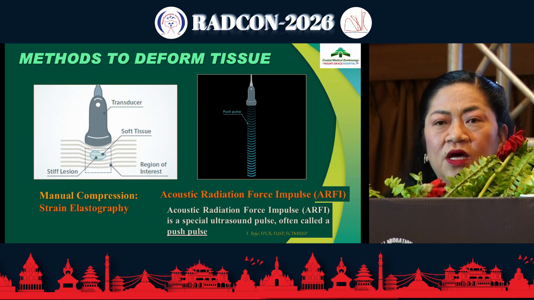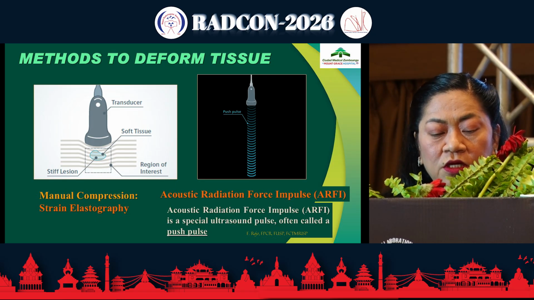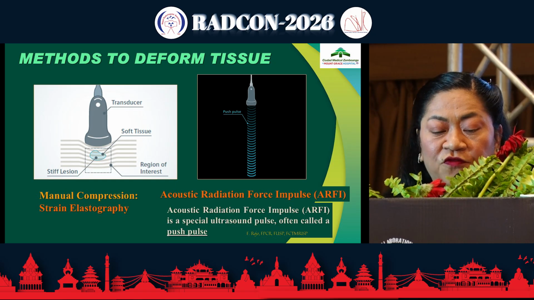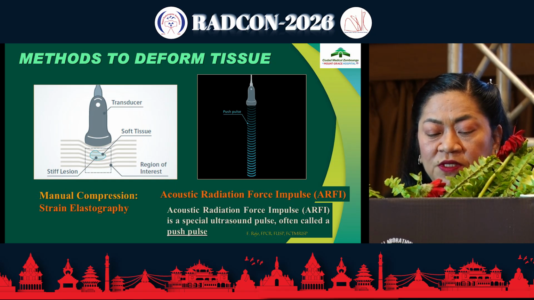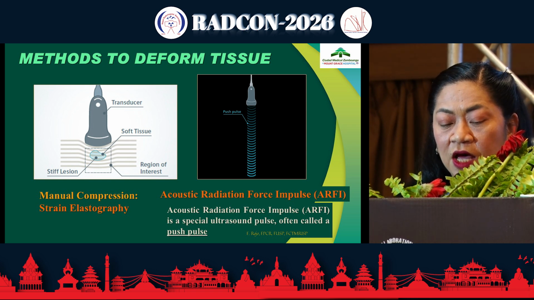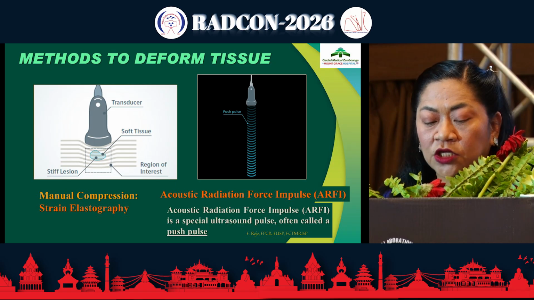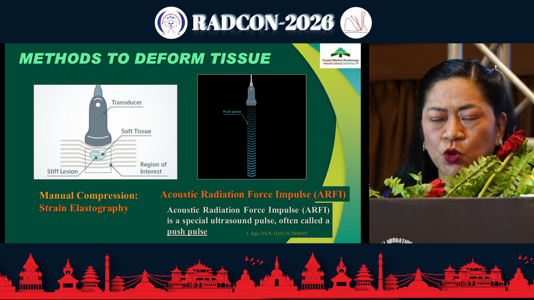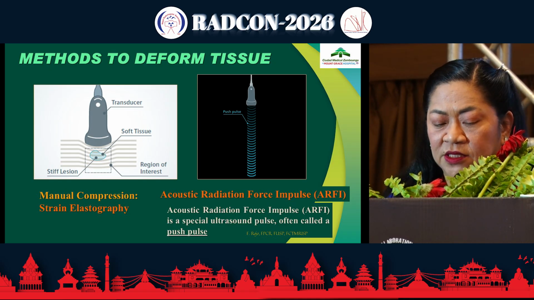Okay, I mentioned strain elastography, but strain elastography uses manual compression. This is now the technology that we're using. Acoustic radiation force impulse has a special ultrasound pulse called the push pulse. You don't need to press the transducer anymore. It will just be the pulse that will do the work.